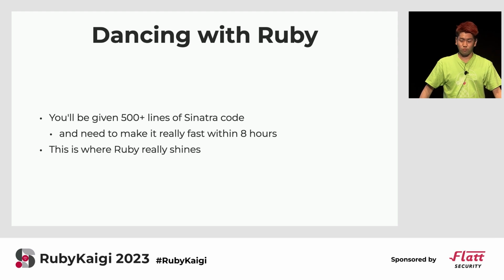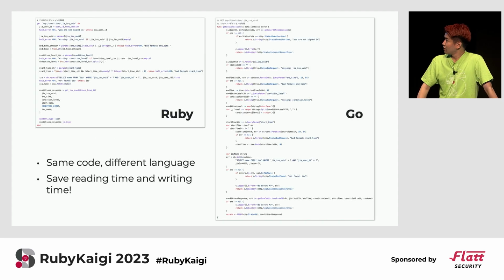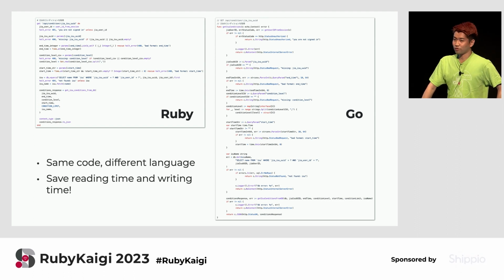But after all, we're writing Ruby, so we can empower Ruby. Let's do a code side-by-side comparison. I've extracted some code from the same endpoint. Details aren't important, but you can see that Ruby is really more compact, and that helps us save reading time, and save writing time, of course.